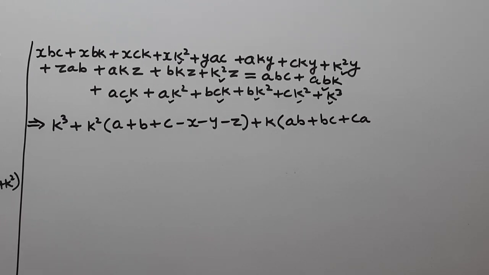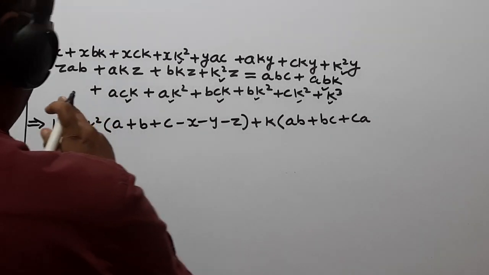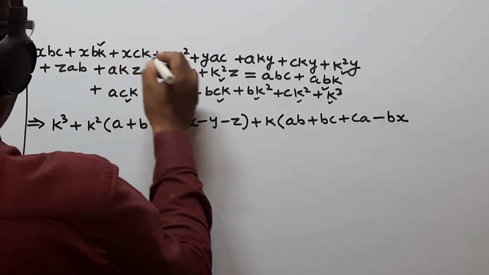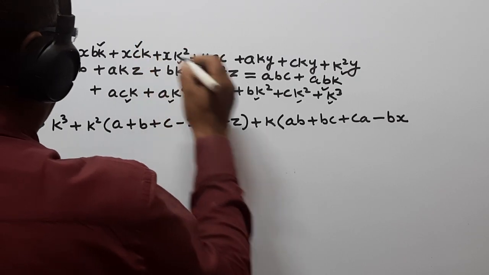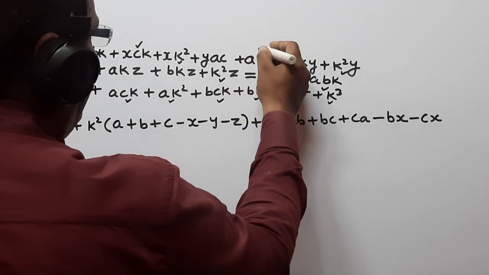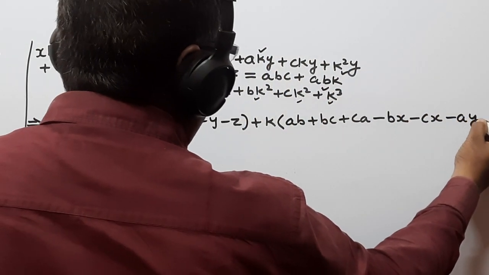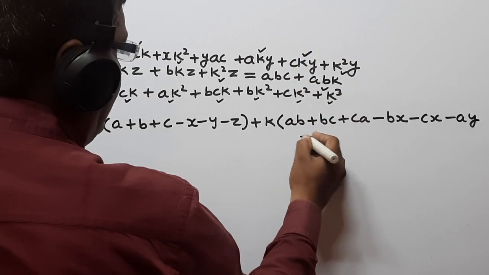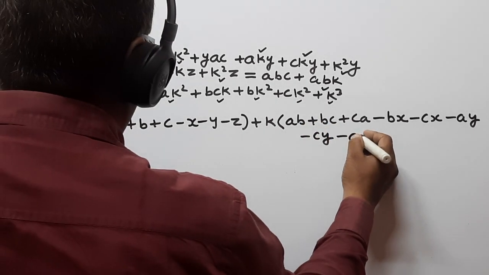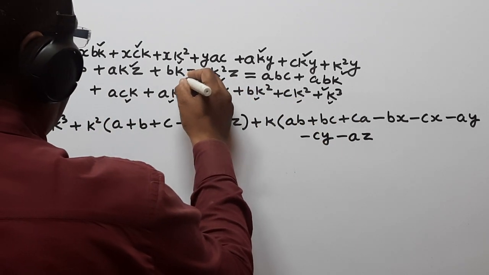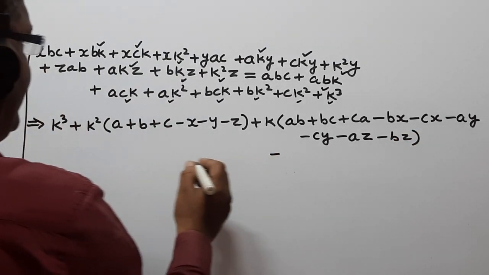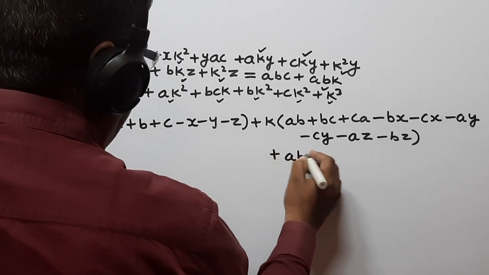On the left hand side you can see this is minus bx minus cx minus ay minus cy minus az minus bz, and plus the constant term we write abc.